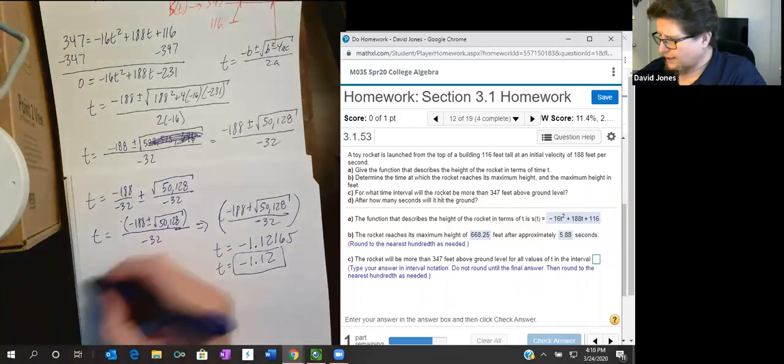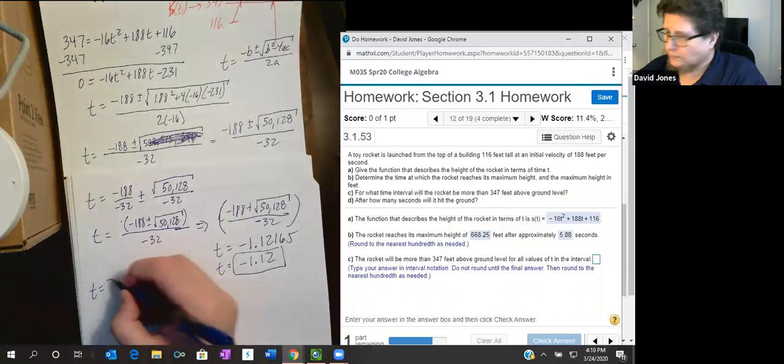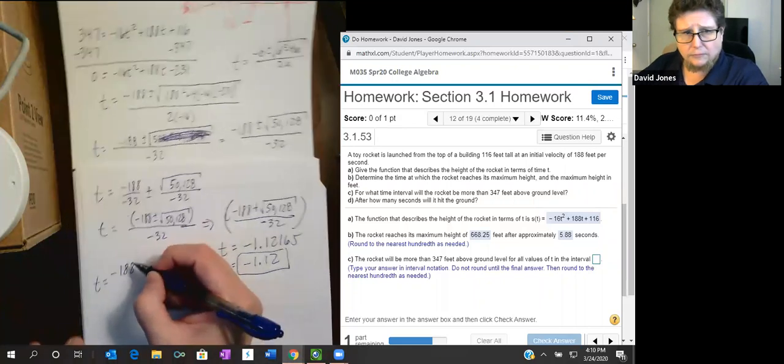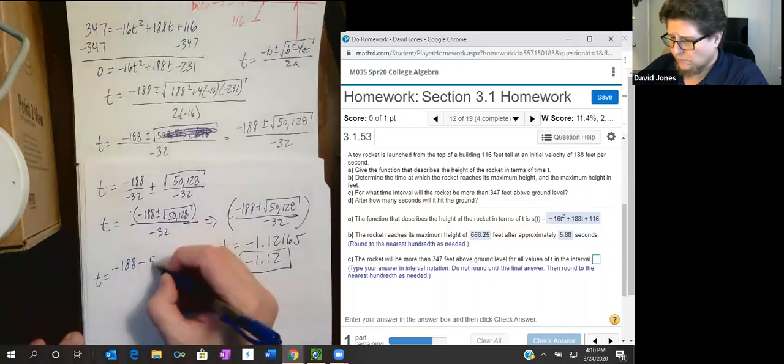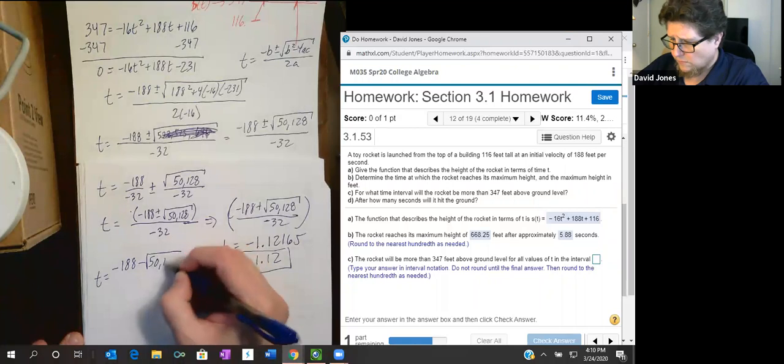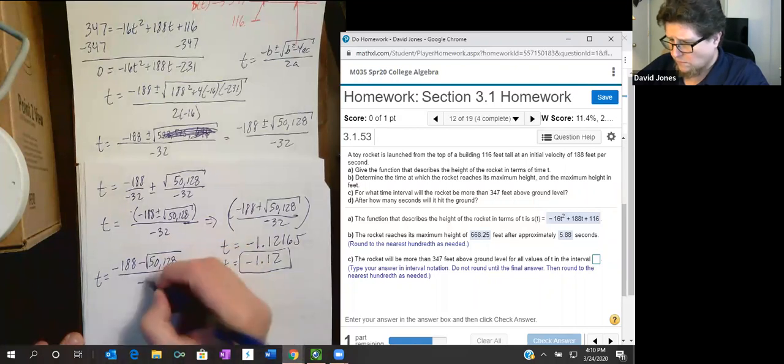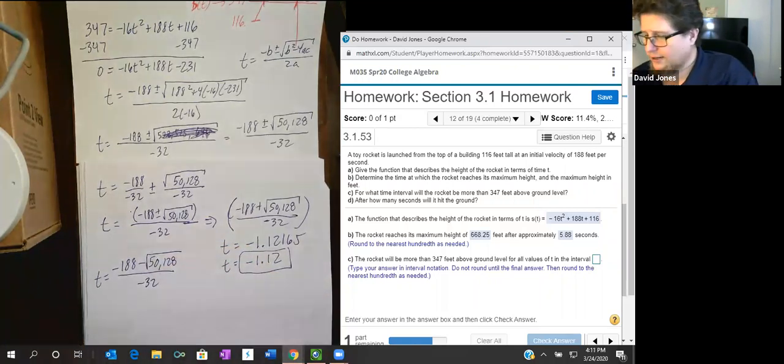And then we'll do the negative version. I hope I did not make a mistake in here somewhere.